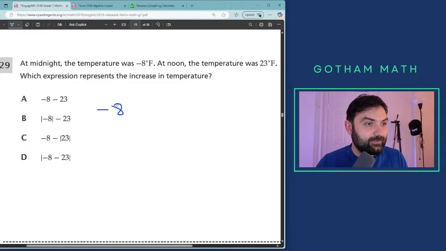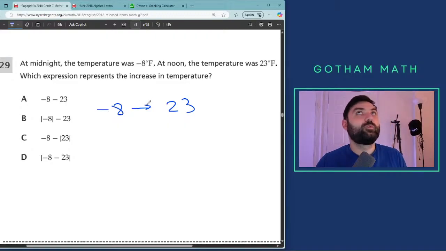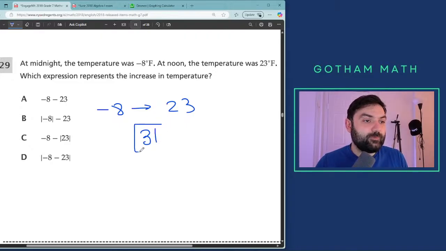From the -8 floor, you're going up and you end up at the 23rd floor. How many floors did you go through? From -8 to 0, it's 8 floors, right? And then 23 more, correct? So it's going to be 31. The increase was 31.